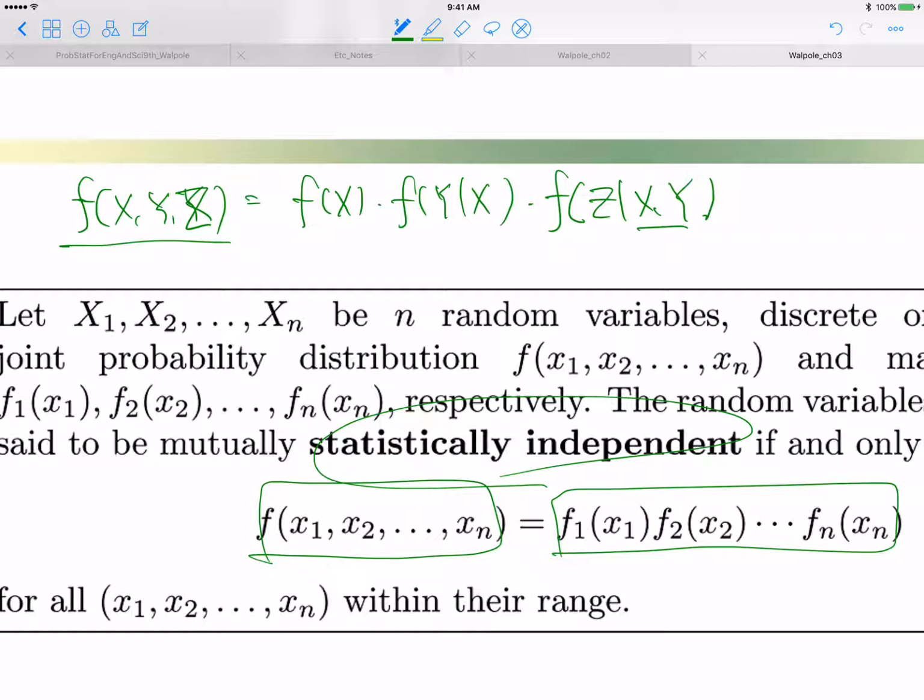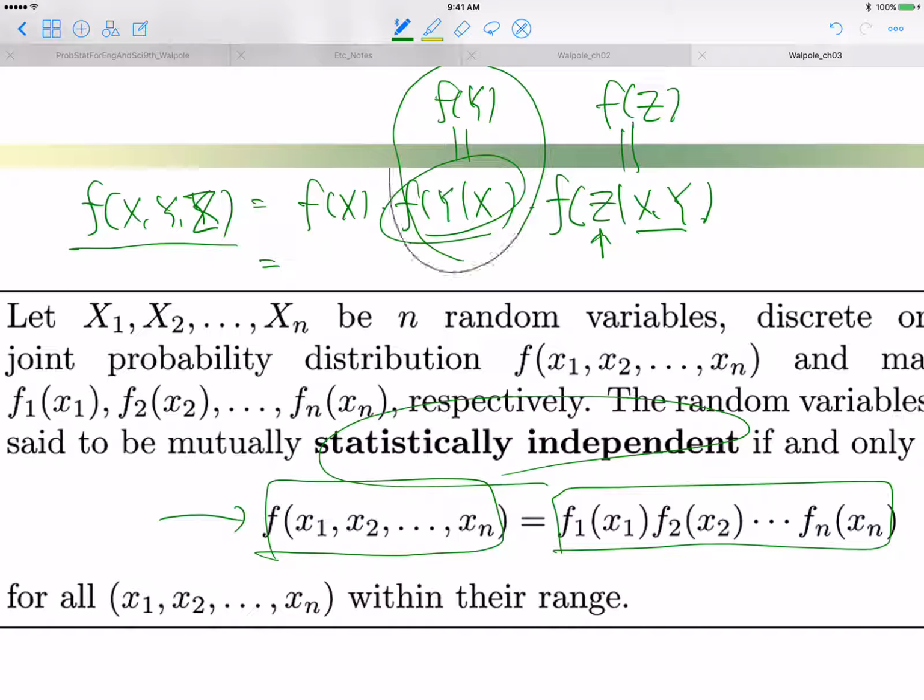So both x and y are fixed, and then z is generated, right? In this situation, statistical independence says this should be just f of y, and this should be just f of z, which is just the marginal distribution when only considering each variable, without considering any other, right?